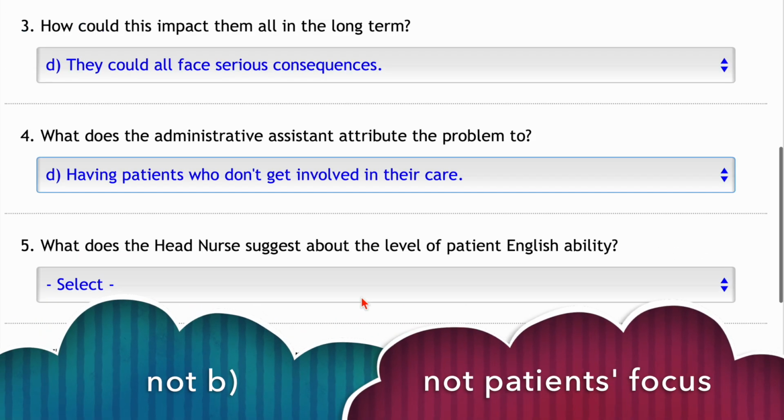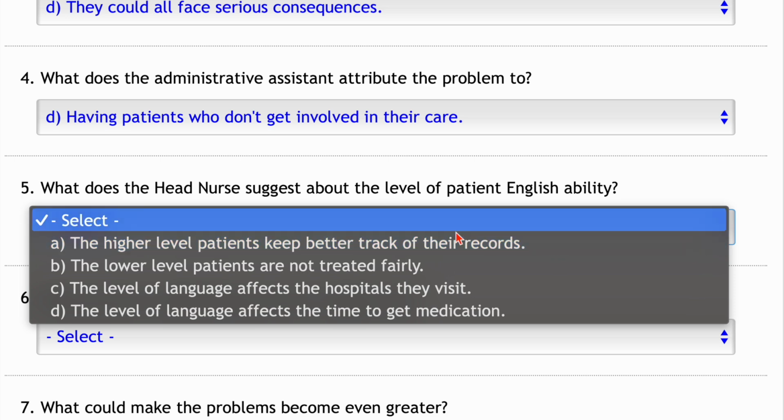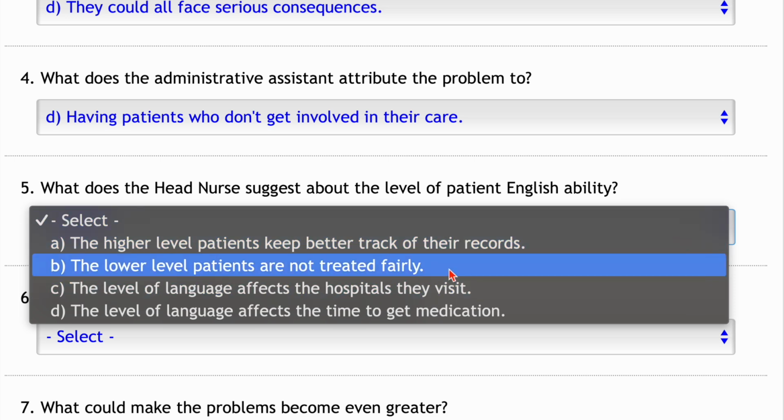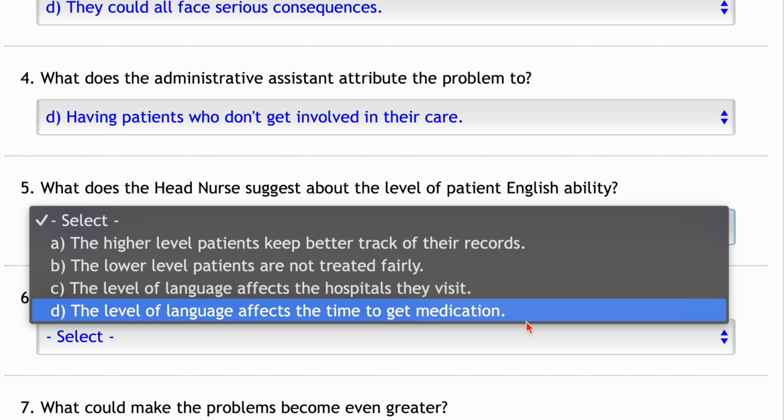Okay. Number 5. What does the head nurse suggest about the level of patient English ability? The higher level patients keep better track of their records. The lower level patients are not treated fairly. The level of language affects the hospitals they visit. The level of language affects the time to get medication.